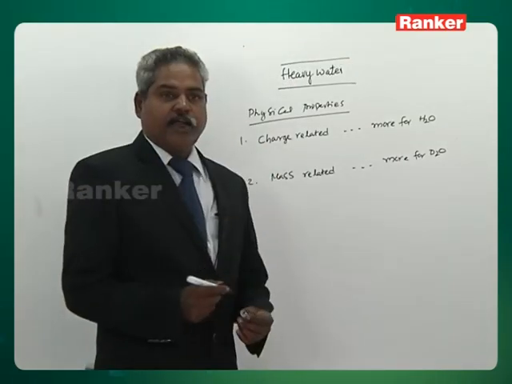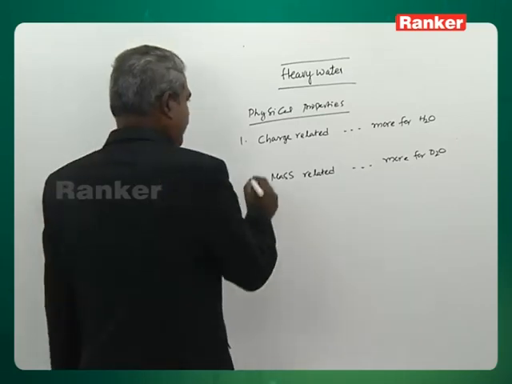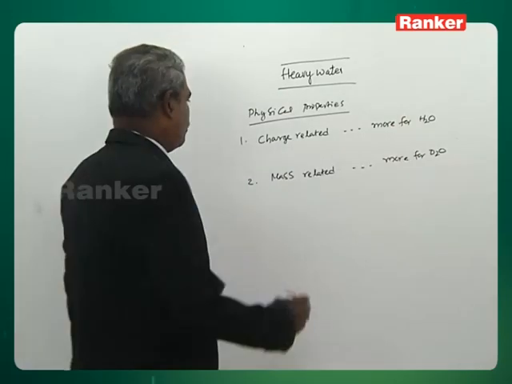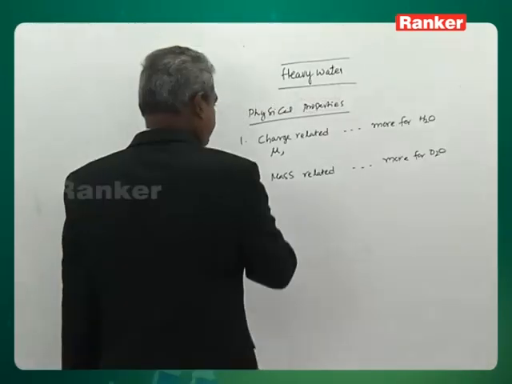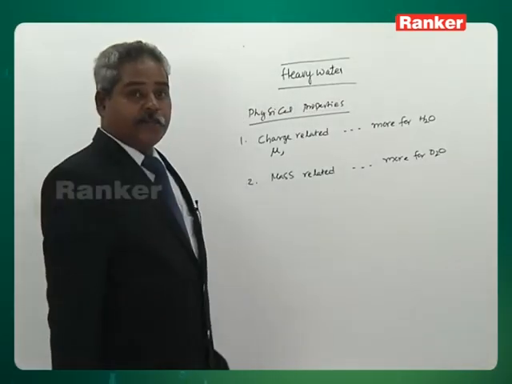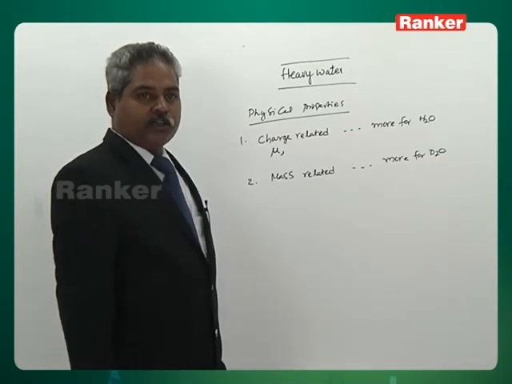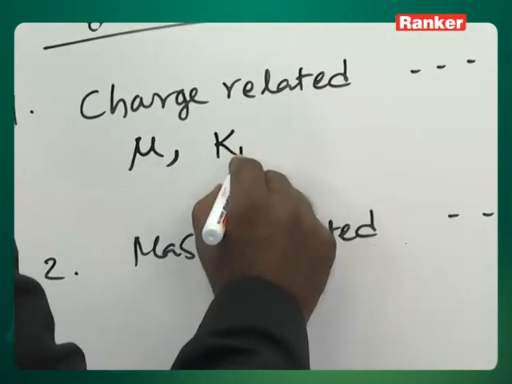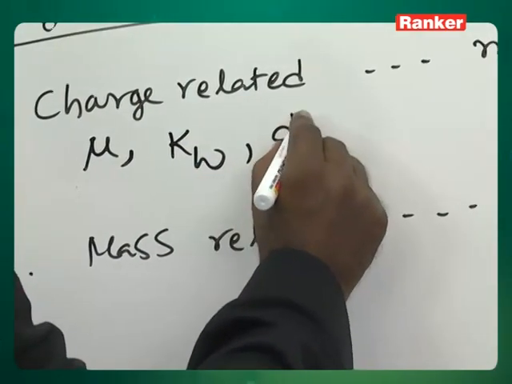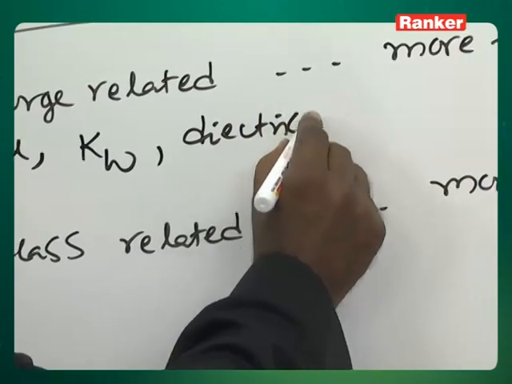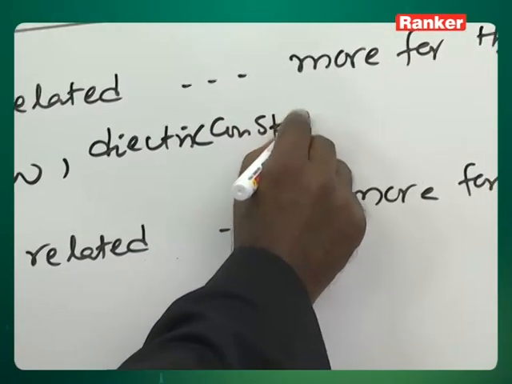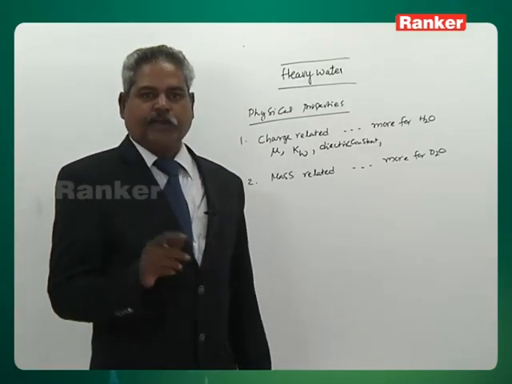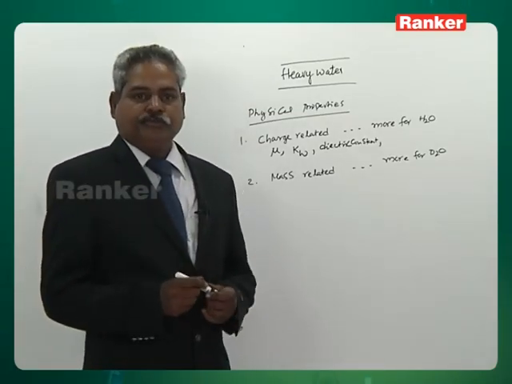What are charge related properties? Dipole moment. You know dipole moment is because of H plus and O minus. And ionic product, the concentration of H plus ions and OH minus ions, Kw. And dielectric constant, the charge separation between capacitors.